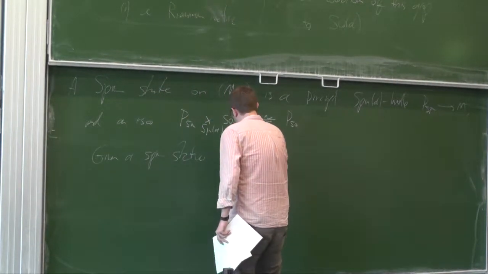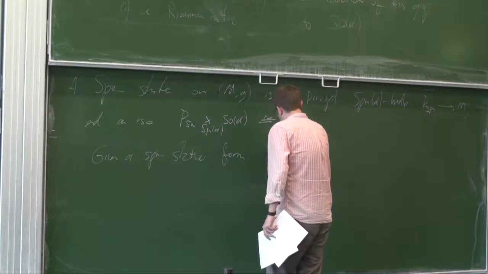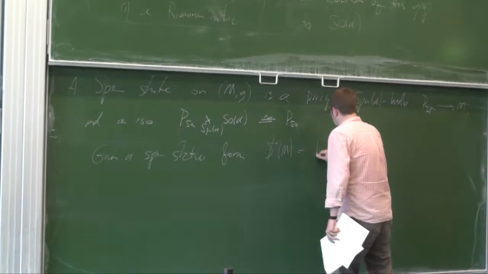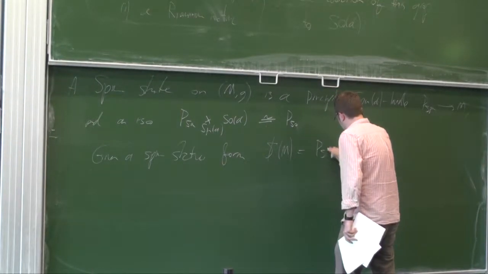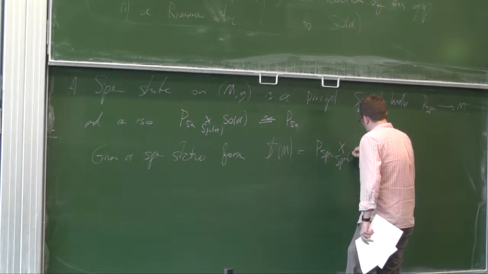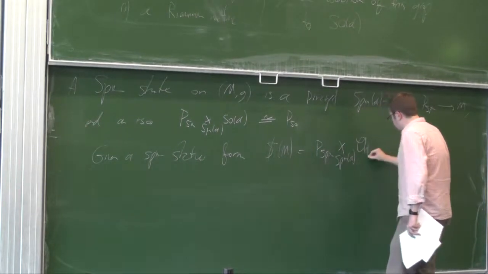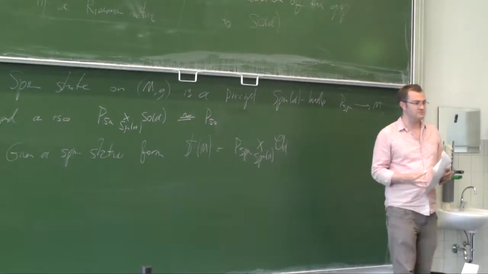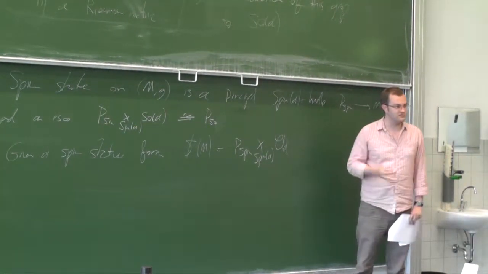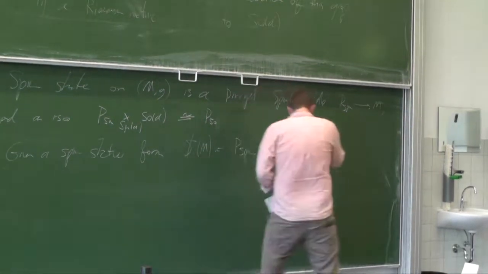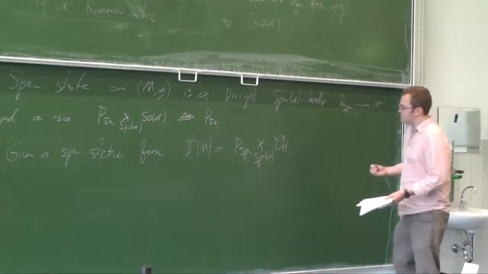Right. If I have such a thing, so given a spin structure, I can form S(M), the spinor bundle, which is the following vector bundle. I take the principal spin bundle, the start of the data, and I cross it over Spin(d) with the Clifford algebra, where this group acts here by left multiplication because it consists of a load of units in this algebra, so you can just multiply on the left. So what properties does this have?